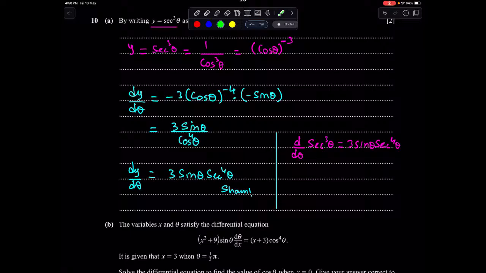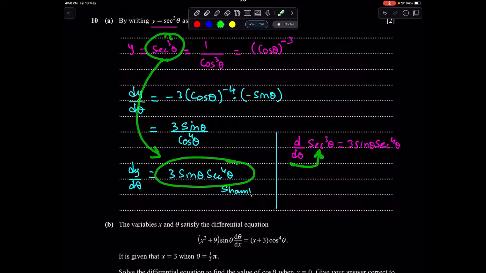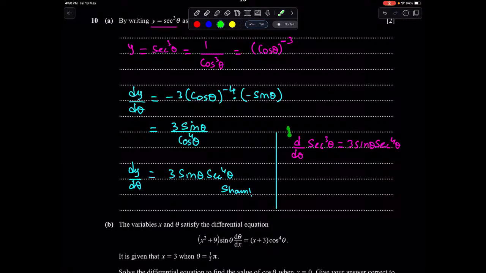See, this is very important. When we differentiated sec cube theta, we got this answer. So we can write d upon d theta sec cube theta is 3 sin theta sec power 4 theta. This will be used in the later part.